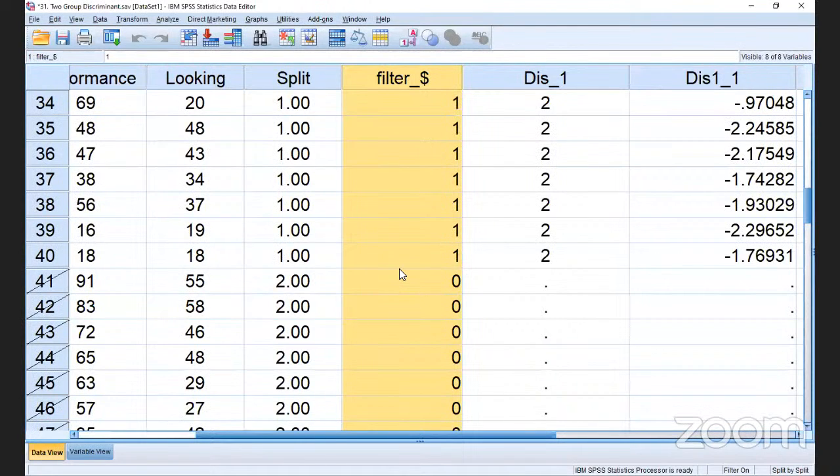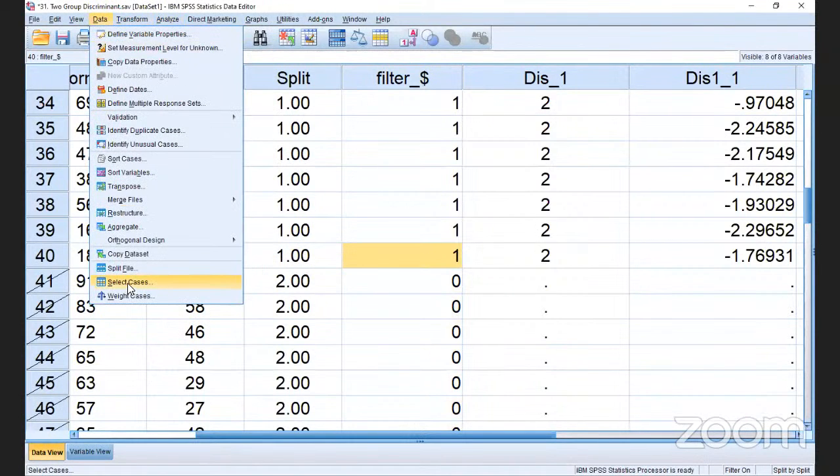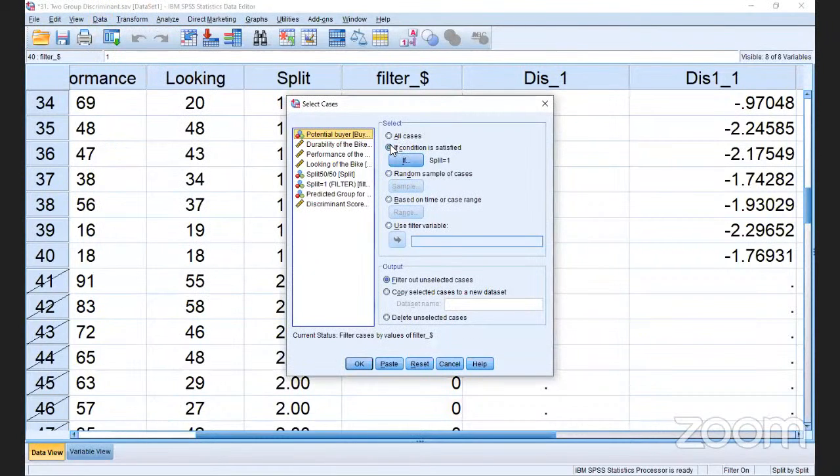So filtered means to select the cases. Now I can use it for cross validation purpose also. Within a minute, I just select file, all cases, and then cut.